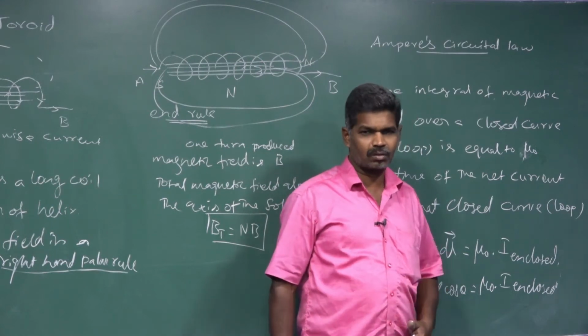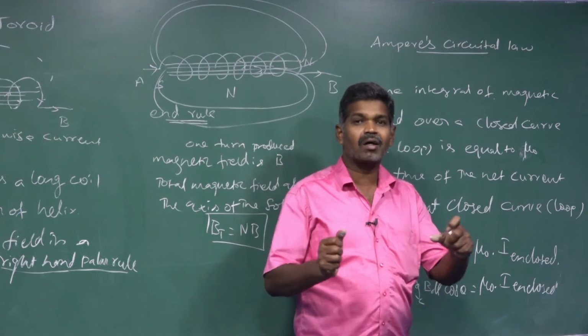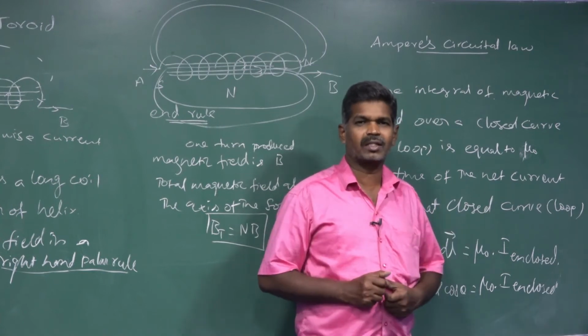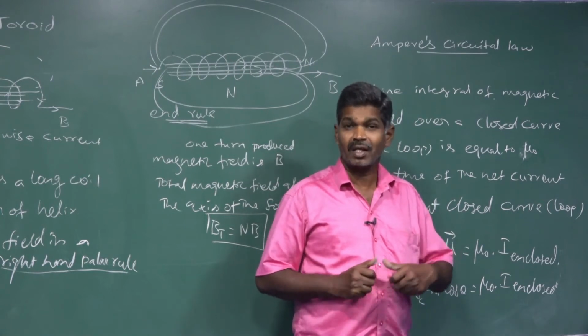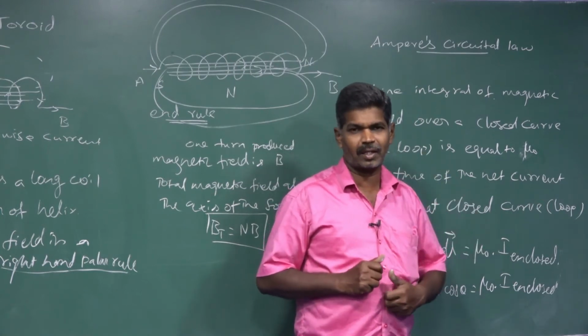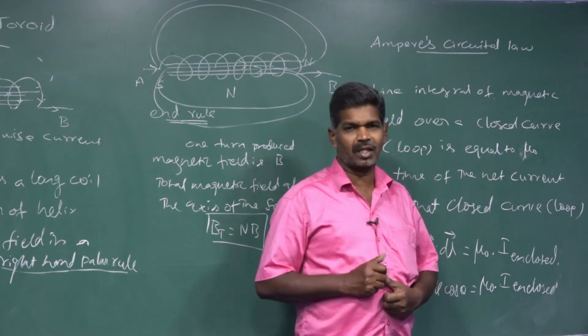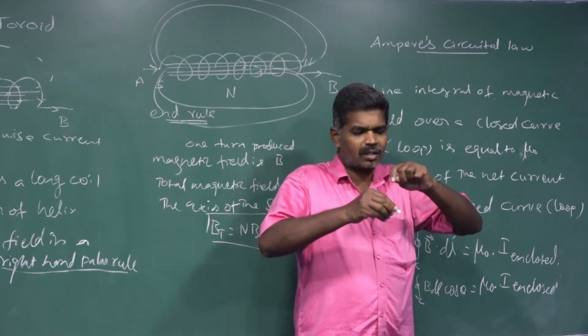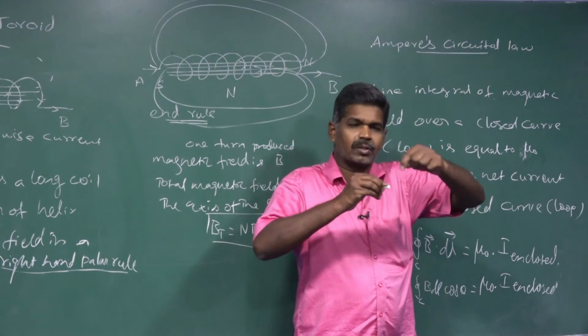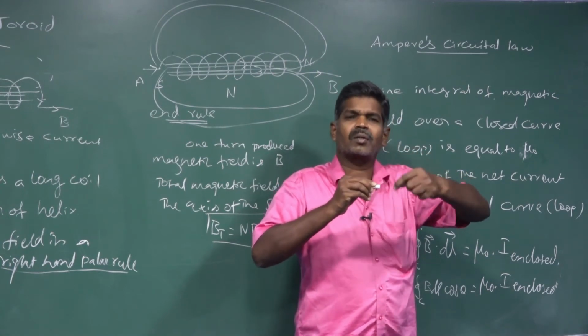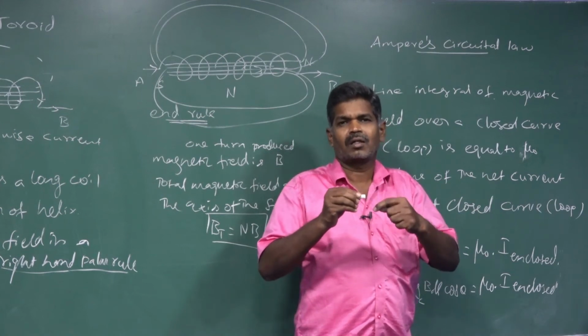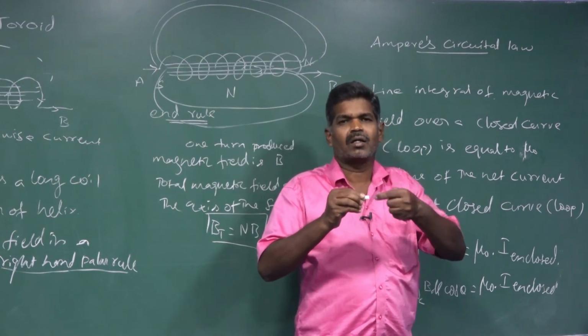Next we are going to see the long solenoid. Which one may be called a long solenoid? The length of the solenoid should be very large as compared to the diameter. Then that solenoid is called a long solenoid. An insulated copper wire is wound on a supporter, either non-magnetic material or magnetic material.